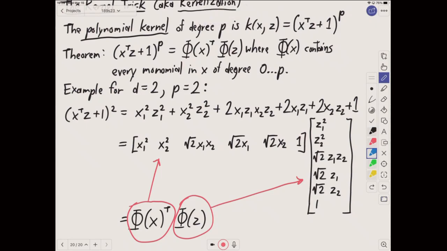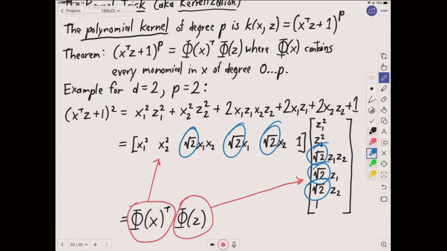But you might notice that there's one thing here that is different than the way I taught you to do polynomial features back in lecture 4, which is that now I've got these weird constants popping up, these square roots of 2's. So when you do the kernel trick for polynomials, you don't really have control over those constants. Especially when you go to higher degrees, you're going to get a bunch of funny constants stuck in there.